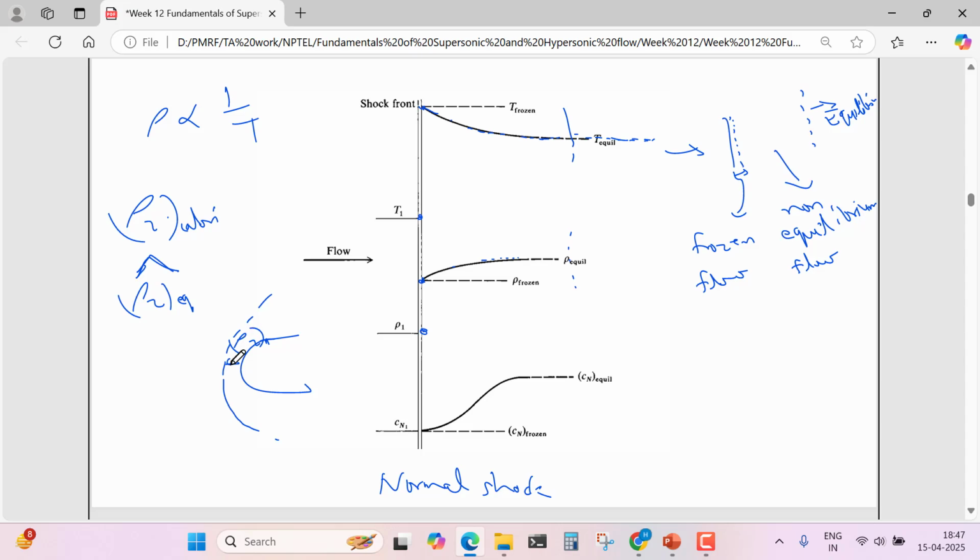Then for the same mass flow rate to pass through, the shock layer should decrease. So shock standoff distance should decrease. That's why shock standoff distance delta for equilibrium will be less than shock standoff distance for calorically perfect gas.